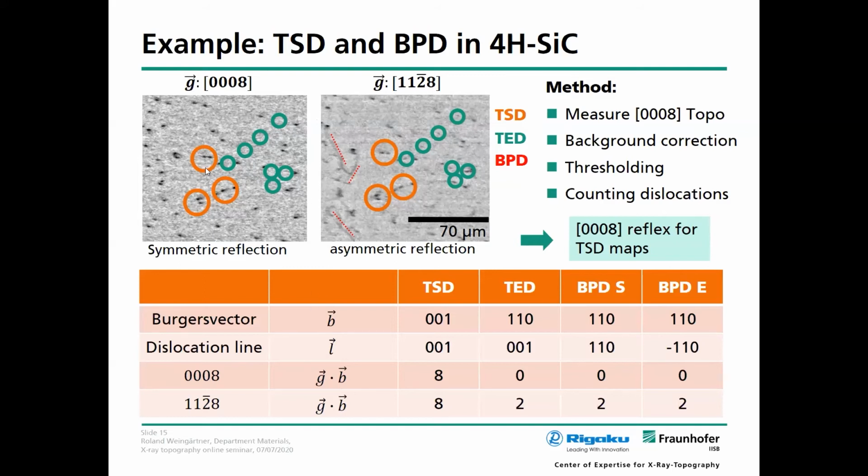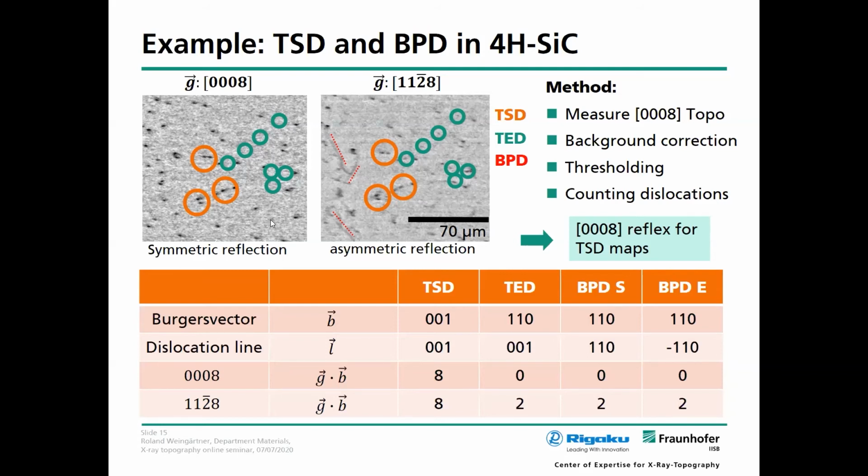And what you can see is that some defects are seen in either topogram, and for other defects, for instance the green circles you see here in the 008 topogram, nothing, whereas you can see them very well in the other. Not so pronounced, but you still can see this. You also have some line-shaped defects here.